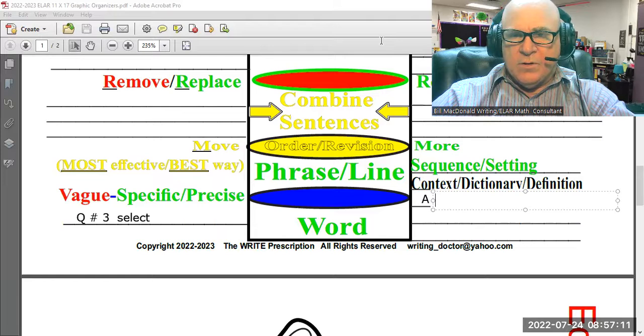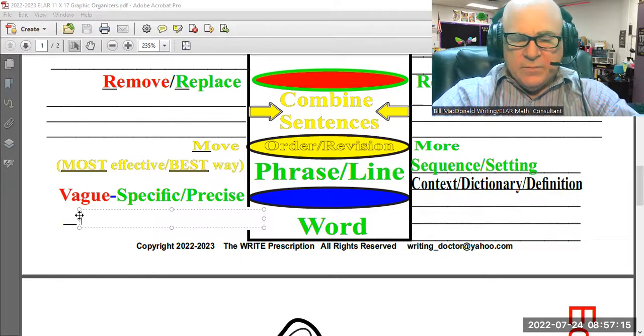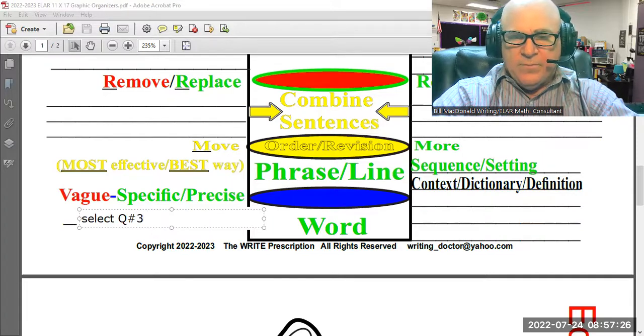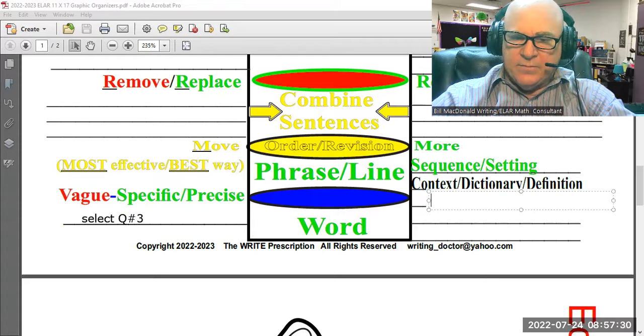Clear my drawings. Okay. Let's try this again. Select is going to be eliminated. It was question number 3. And it said, double check one more time.